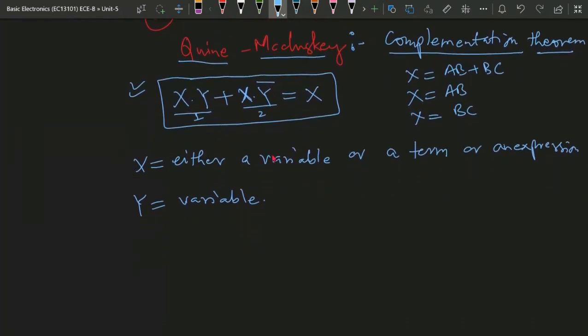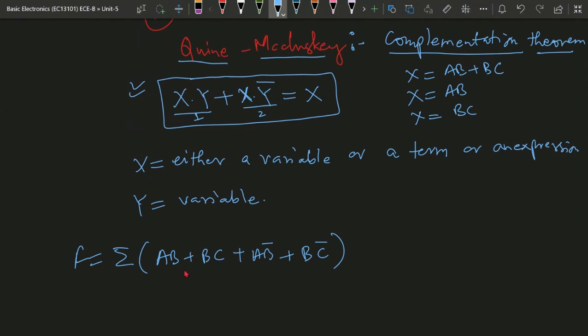Once we find it out, whatever the function is, if a function is given that has a few min terms, like AB plus BC plus AB bar plus BC bar, then we need to find the terms. We will group the terms such that one variable is complemented in two different terms.